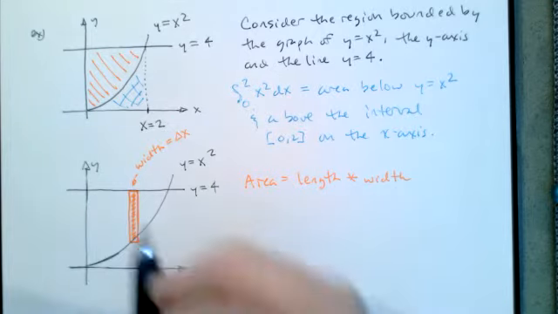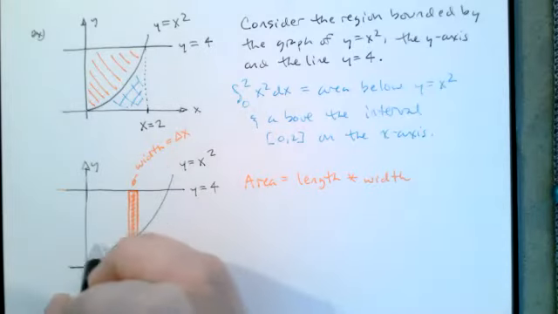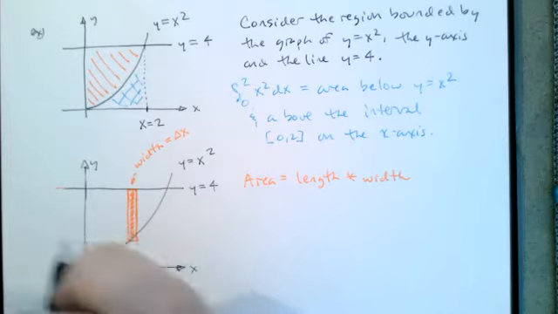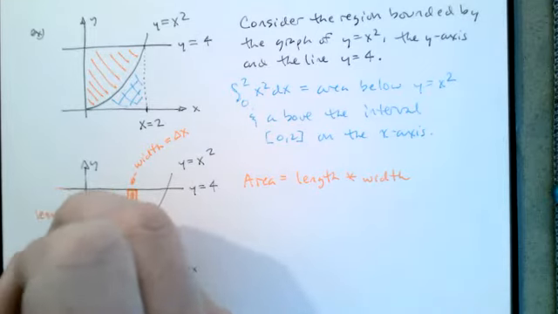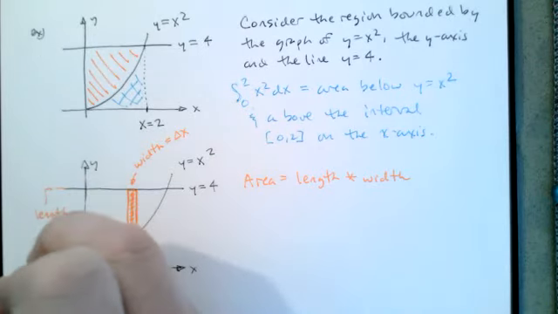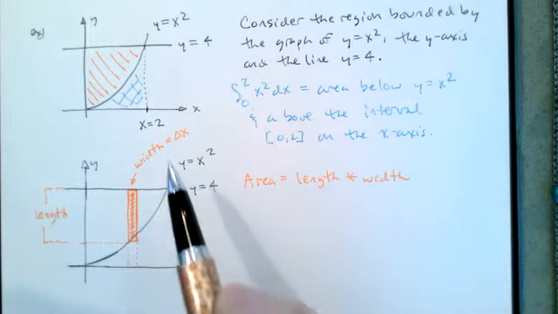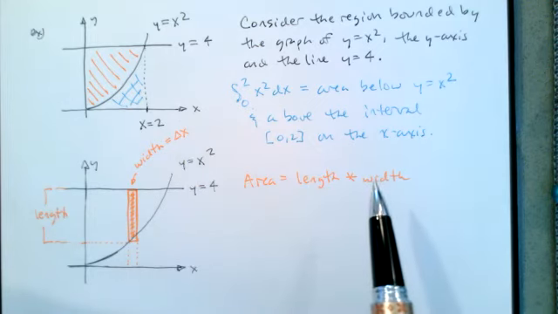The length, the top of it is going to be at 4, and the bottom of it is going to be determined by the graph. So here is the length. Top's at 4, and the bottom is at the function. Since the width is being written as delta x, I need to write the length in terms of x.